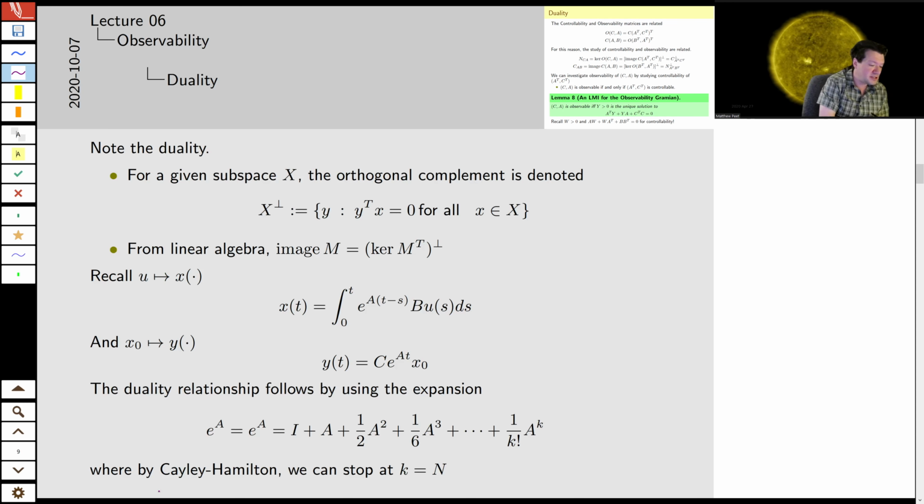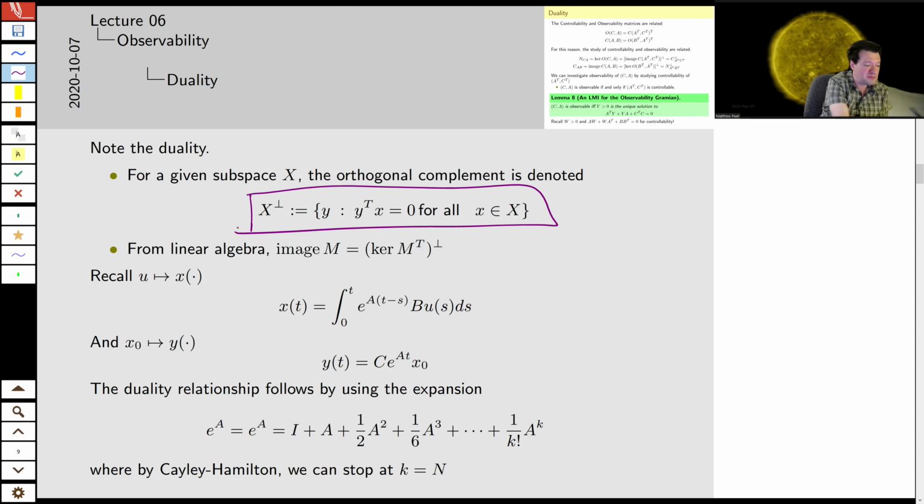So this is again just some bookkeeping. I formally defined the perp space here because I didn't really formally define it on the previous slide. So the perp space of a set is the set of vectors which are orthogonal to every vector in that set.